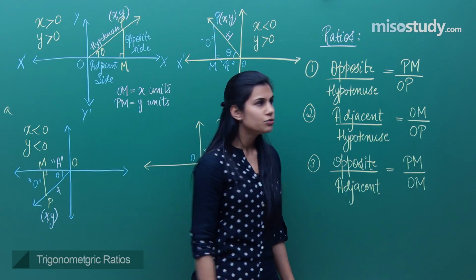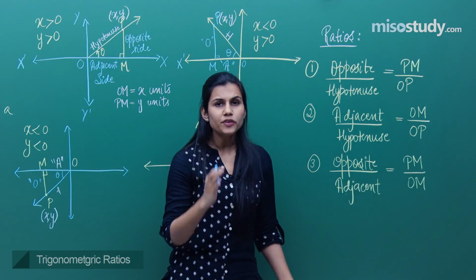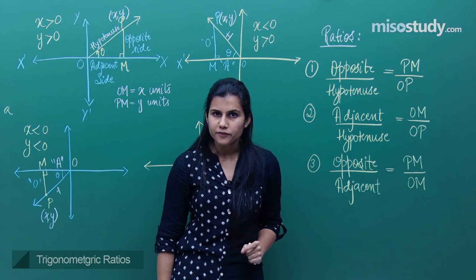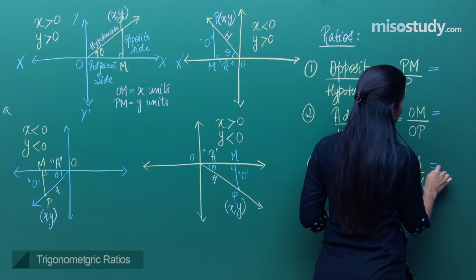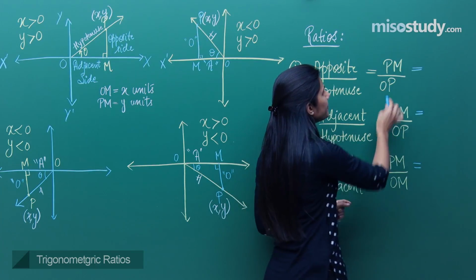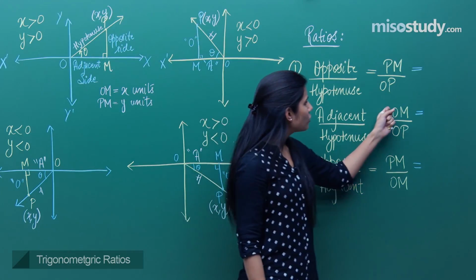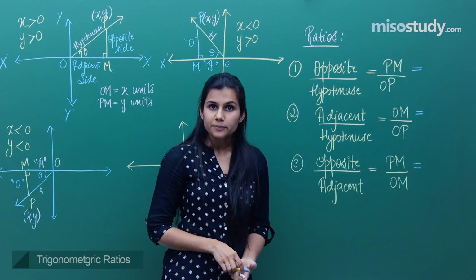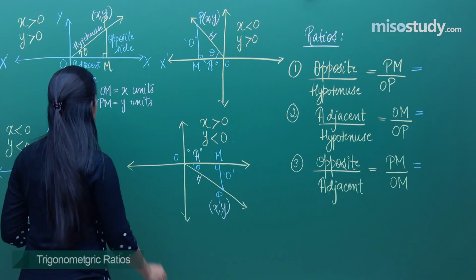Now, as I told you that I named sides to be opposite or adjacent with respect to a certain fixed angle theta inside the triangle of reference. And that is why if I further express them, what are they going to turn out? If I talk about PM upon OP, what does it turn out to be? If I talk about OM upon OP and PM upon OM, what do they turn out to be? Let me tell you one more thing about these triangles of reference.